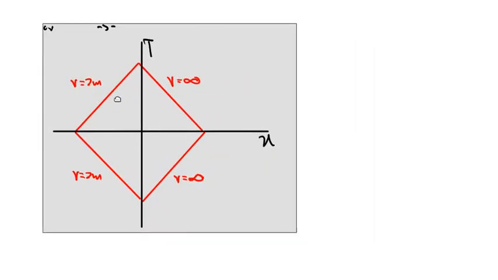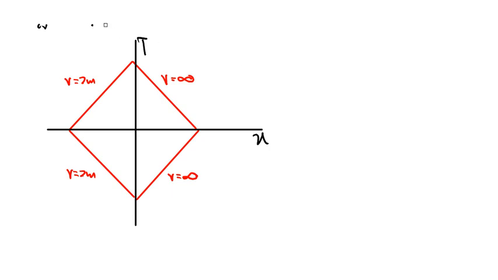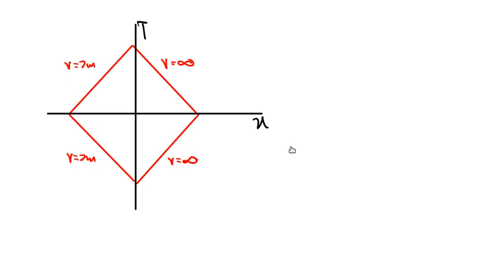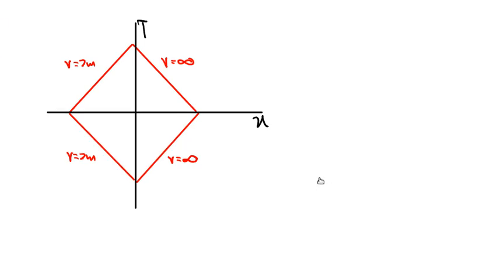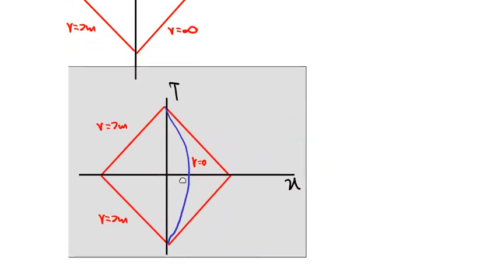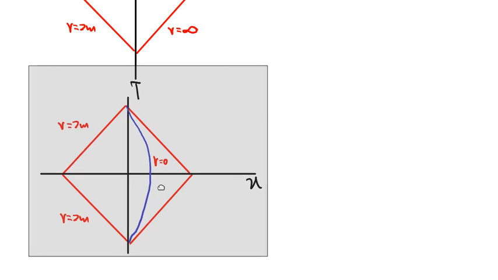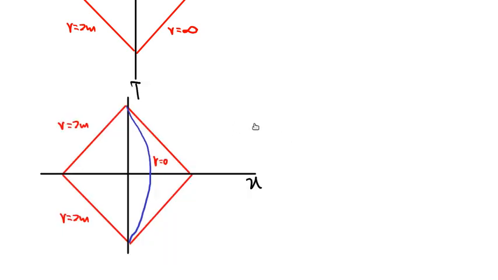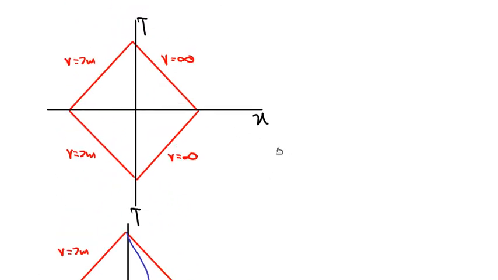Okay, so this is the Penrose diagram of the exterior region, and then the Carter-Penrose diagram of the interior region. Okay, and we need to remember the time orientations.